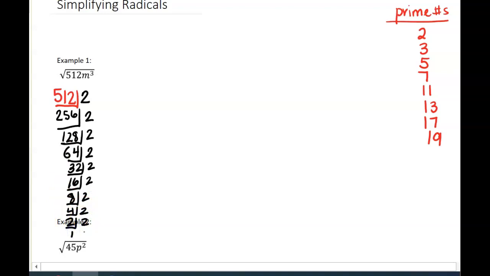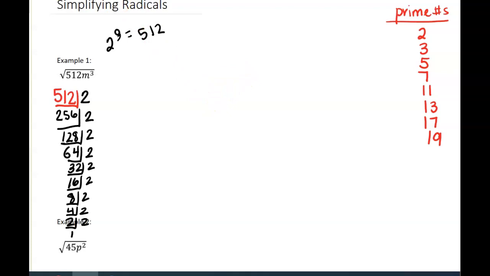When we get to 1, we're done. Notice I have 1, 2, 3, 4, 5, 6, 7, 8, 9 twos. So basically, 2 to the 9th is equal to 512. If you want to check in your calculator you can, but I'm pretty confident that is correct.